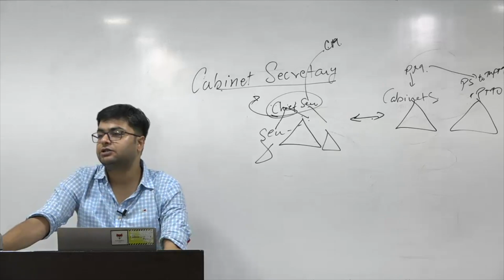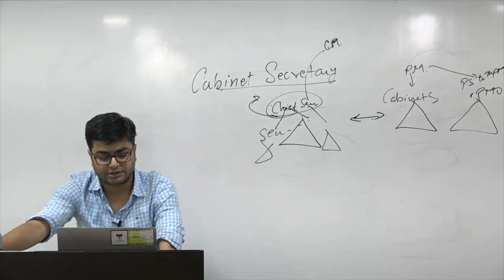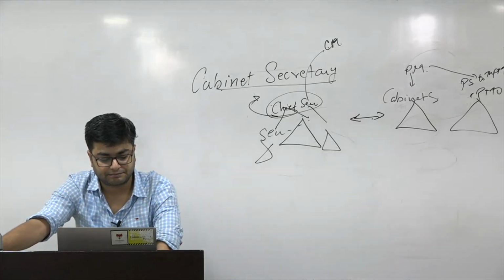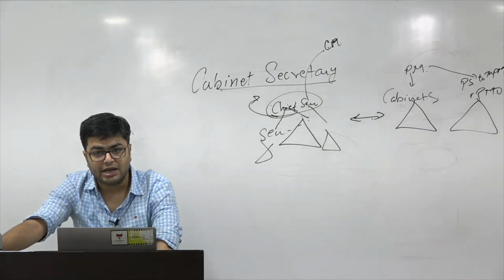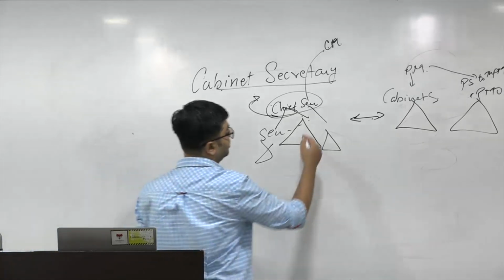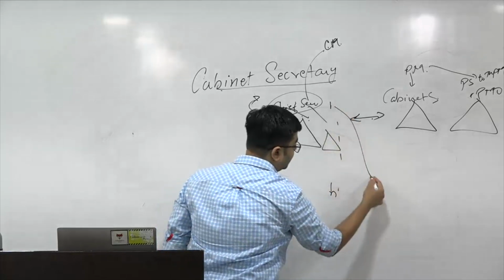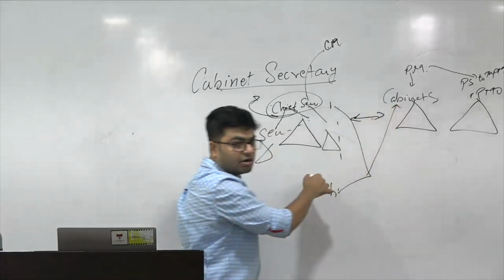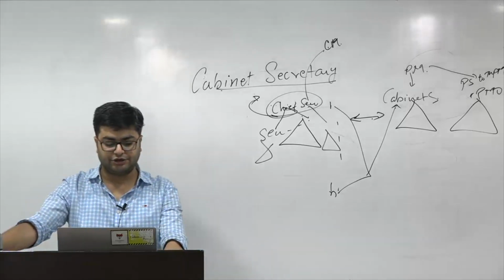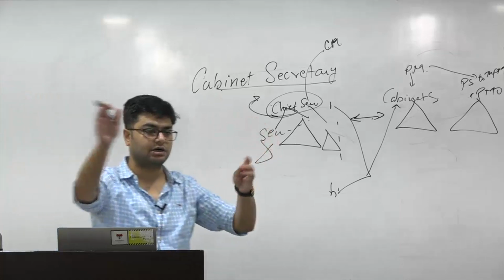So the main function of the Cabinet Secretary is to assist the Council of Ministers, the Cabinet. He is the chairman of the Committee of Chief Secretary. So if this is 1, this is N, he is the chairman of the Committee of Chief Secretary. I hope you are able to visualize the structure, how it is there.